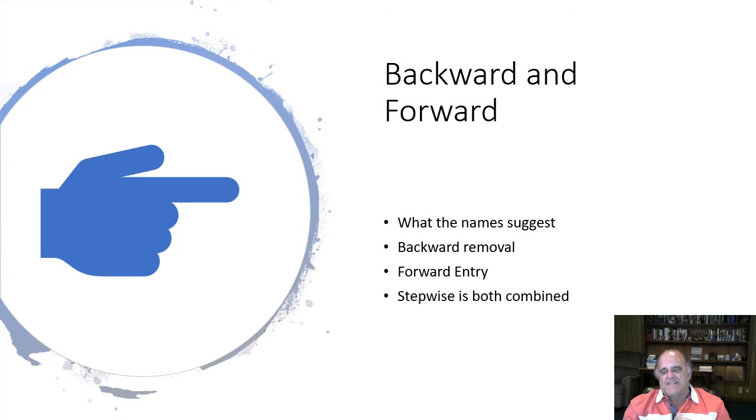And of course, then we have stepwise regression, and that's really a combination of backward and forward, or forward and backwards. It does both. It starts by going forward, but at each step, it takes a look to see whether it should go backwards and remove something. So stepwise is really just a combination of forward entry and backward entry, doing forward entry first, but then after it does the forward entry, seeing if any backward removal is necessary.